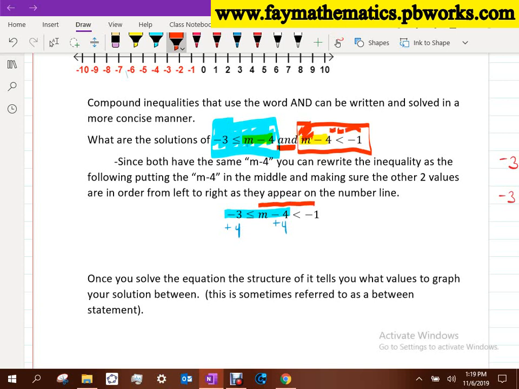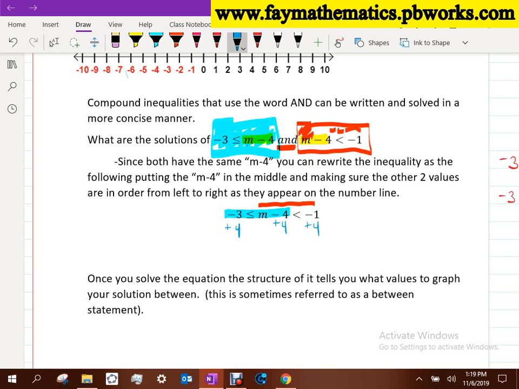Over here, you would add 4 to both sides. So we add 4 here, and let's add 4 there. We have an inequality that's really got 3 parts. What you do to one part, you have to do to all 3 parts.